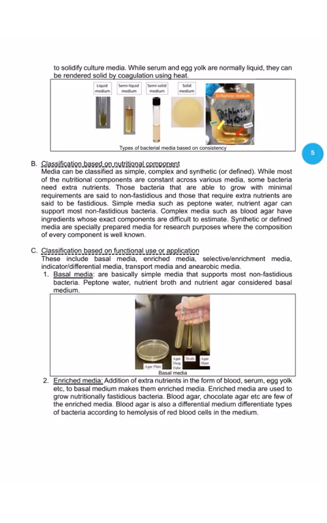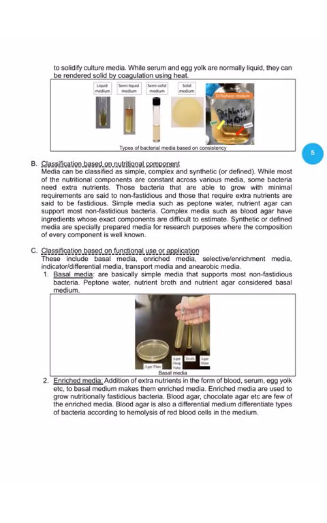The third group is classification of this media according to the function, or its use and application. There are different types of media. There are the basal media, and this is usually similar to what we call simple media. Enriched media, selective or enrichment media.